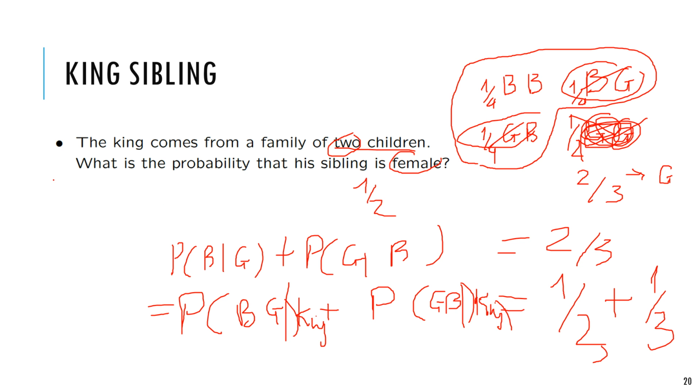And the probability of a boy in the King family, given the King family, is 1, because in the King family there is at least one boy who becomes the King.